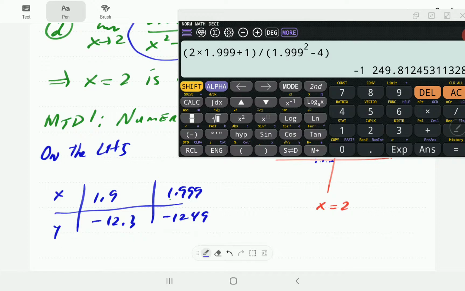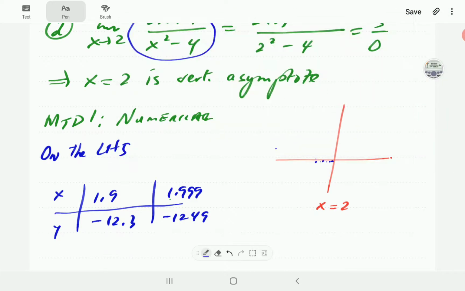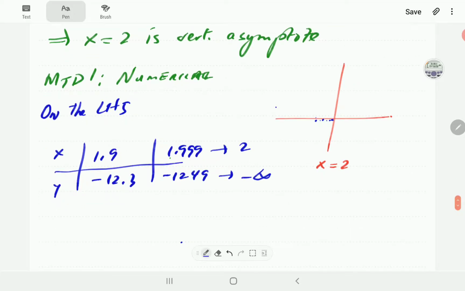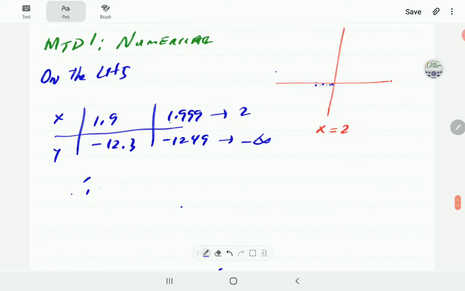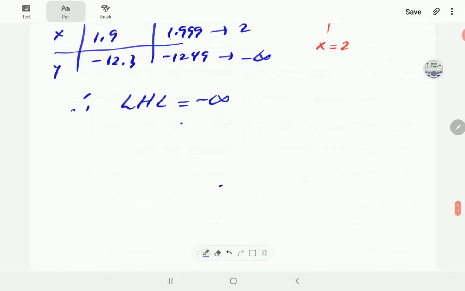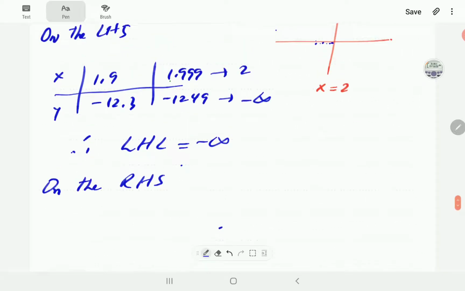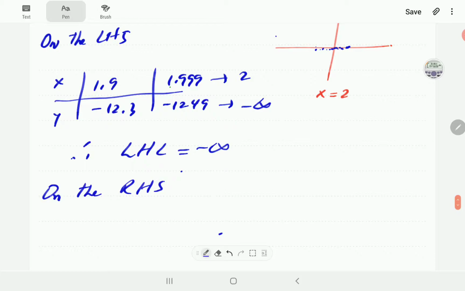That is good enough, and it shows us that as this is getting closer and closer to 2, this one is going to negative infinity. So we can say therefore the left hand limit is negative infinity. Then we're going to do the same analysis on the right hand side of 2. This time we're starting somewhere here, and then we're just getting close to 2.